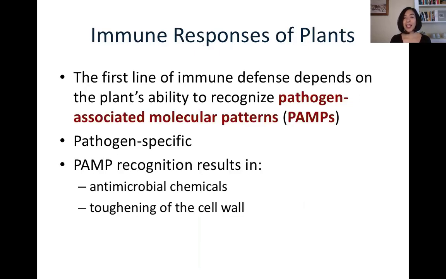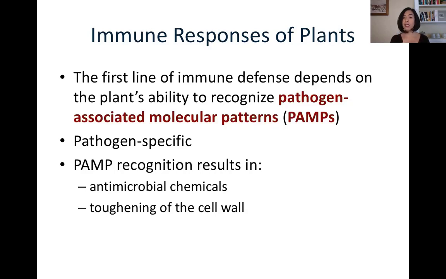So the plant is going to have a defense, and that is the recognition of pathogen-associated molecular patterns, or PAMPs. And that's the first line of immune defense. If the plant recognizes the attack, that's going to trigger some responses in the plant.